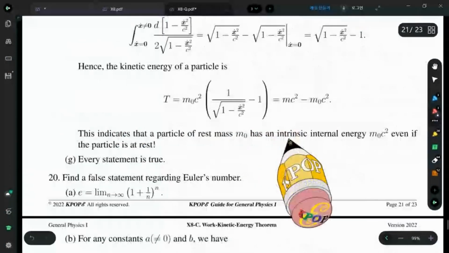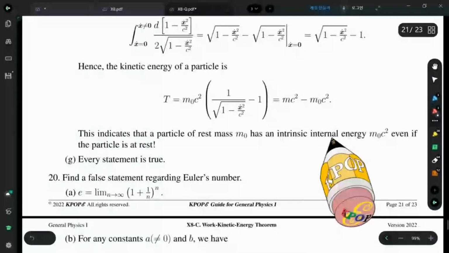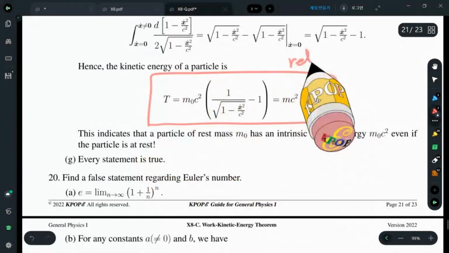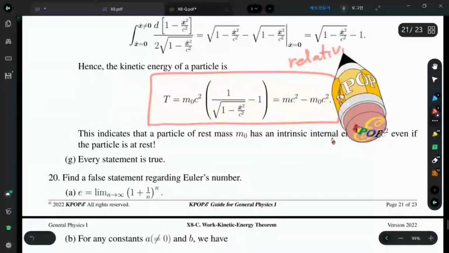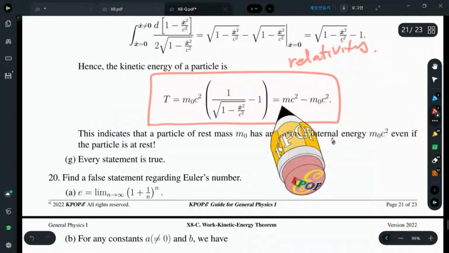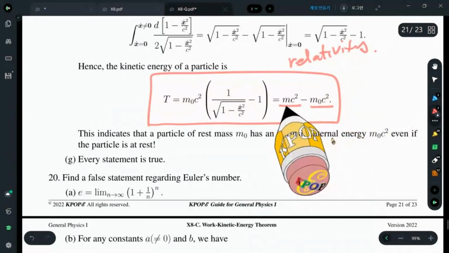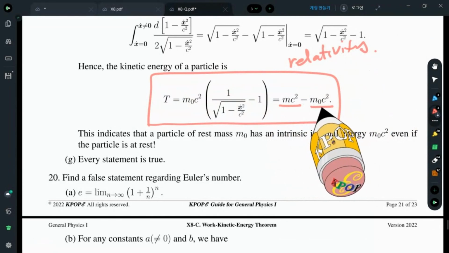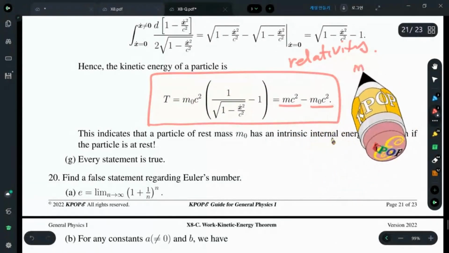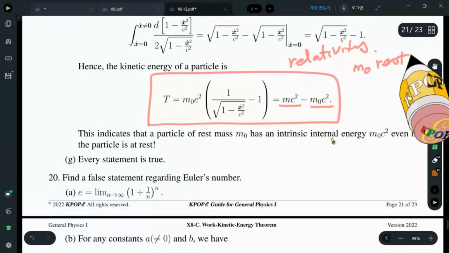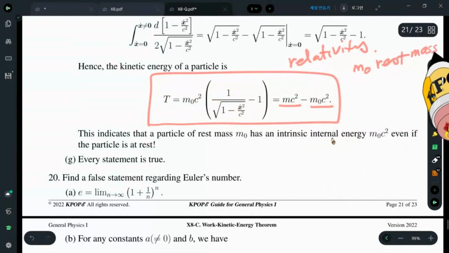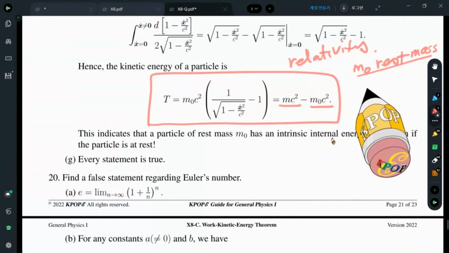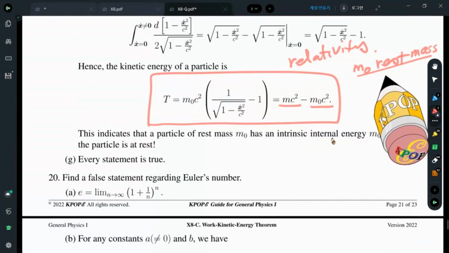Finally, let me just tell you what the final result is. This is the kinetic energy in relativity. And here you will find mc squared subtracted by m0c squared. And in here, m0 is the rest mass. Rest mass is not a remnant, but a particle's mass when it is not moving.